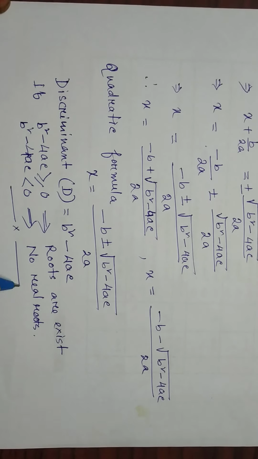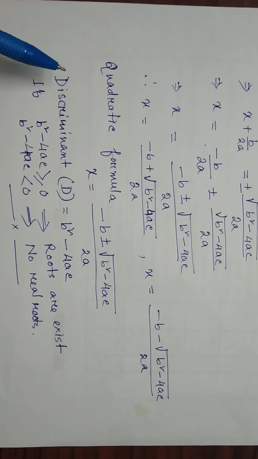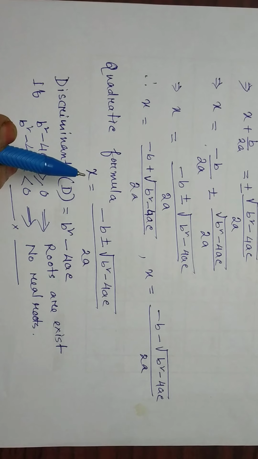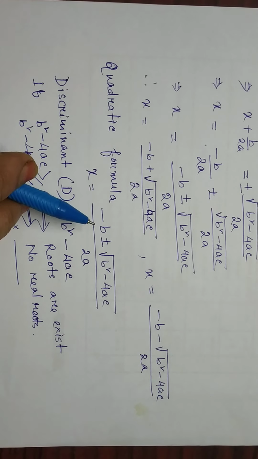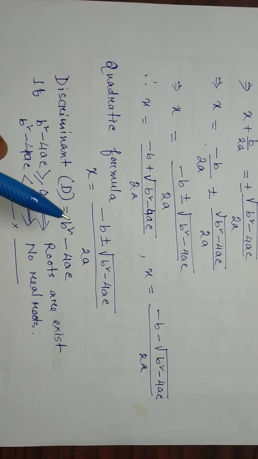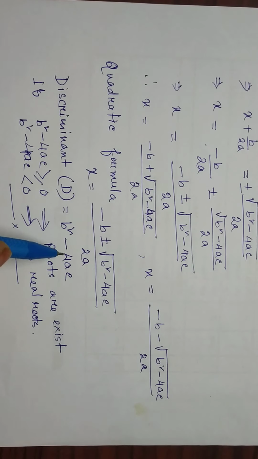I hope all of you understand this completing square method, and through completing square method we find the quadratic formula also. And quadratic formula is x is equal to minus b plus minus root over b square minus 4ac divided by twice a. Suppose it is given whether roots exist or not, then we find the value of b square minus 4ac.